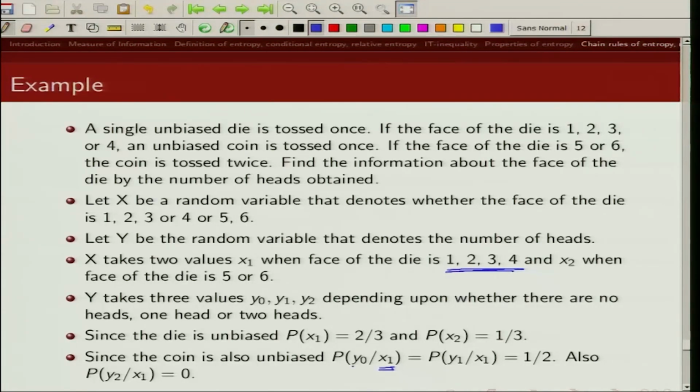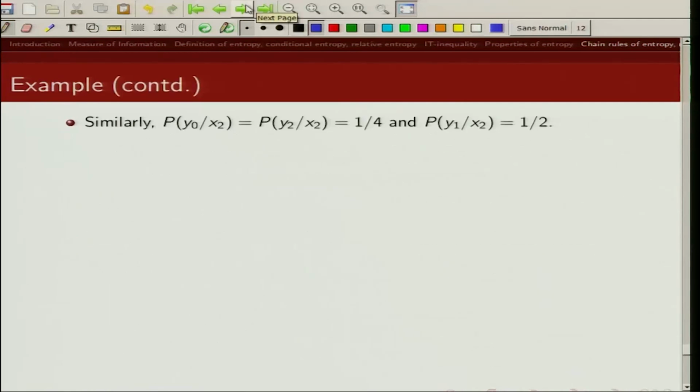So in that case, the probability of getting no head is the same as the probability of getting one head, which is half, and I can never get two heads because I am tossing the coin only once. Similarly, if I get 5 or 6, I am tossing the coin twice. So the probability of getting no head or the probability of getting two heads is 1 by 4, as we have just shown, and the probability of getting one head is half.